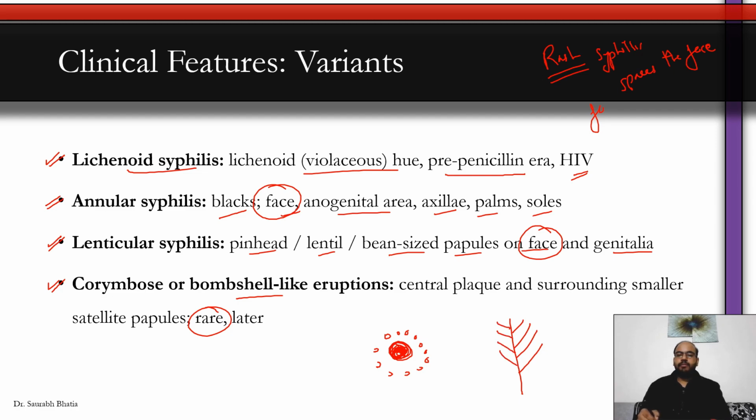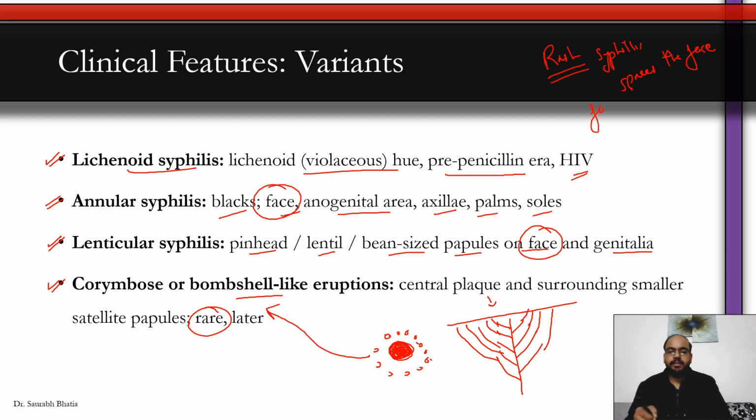That means how the flowers are present on the stem. And in a corymb, the flowers reach the same level as the topmost flower, like this. And if you look from the top, it will present as a single large plaque with surrounding small plaques. So that is why this is the corymbose type of eruption in syphilitic rashes.